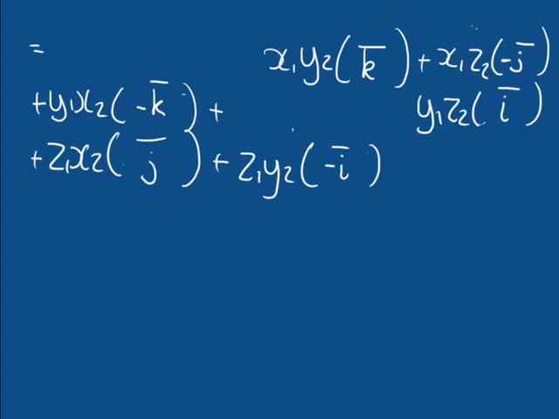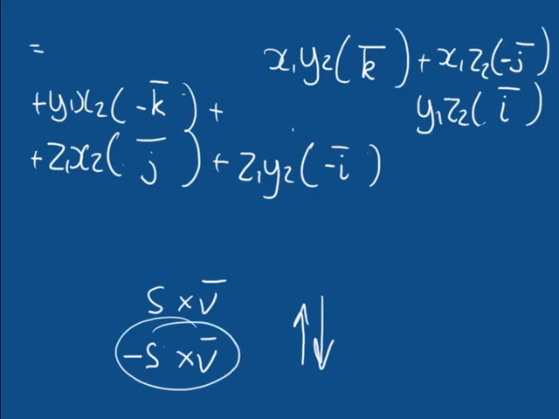At the same time, if I have a scalar value and I'm multiplying a scalar value by a vector, so if I have s times v, if I was to negate that scalar value, I know that that's going to have the same effect as flipping our vector. It's going to make the vector travel in the opposite direction. So s times v, whatever direction that travels in, minus s times v is going to travel in the opposite direction.